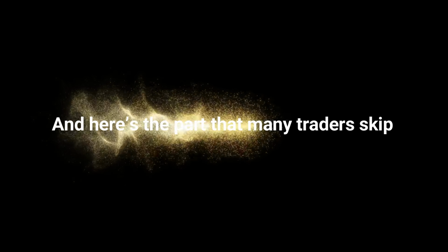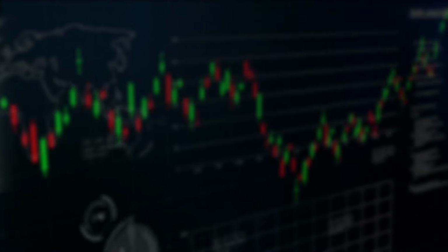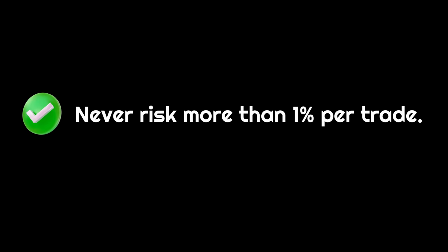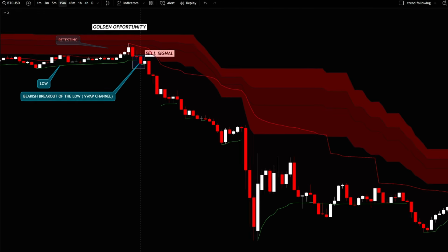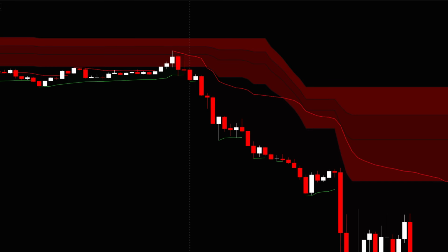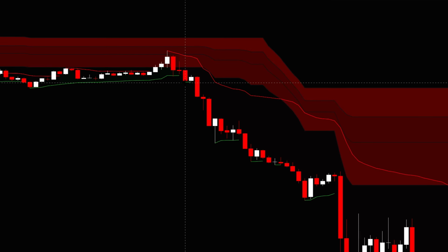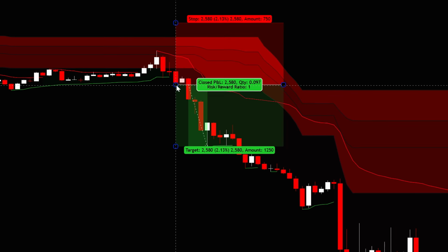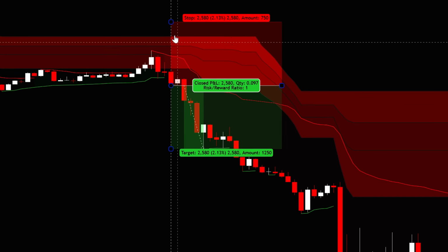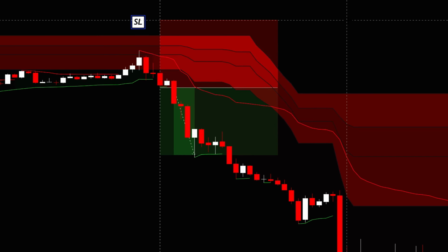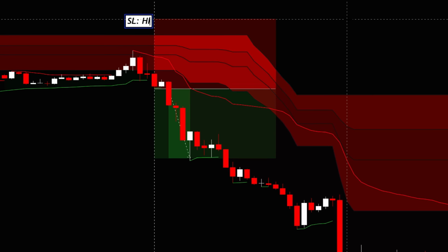And here's the part that many traders skip: proper risk management. Risk management is simple but critical. Never risk more than 1% per trade. For a sell trade, enter at the candle close below the VWAP lower band, and set your stop loss above the VWAP high band or the FTS band.